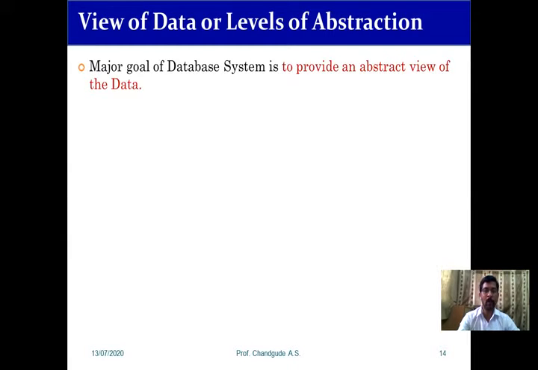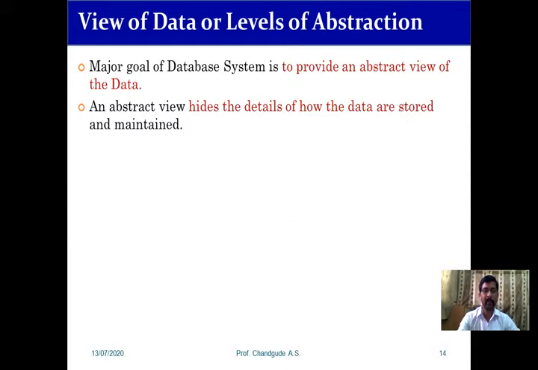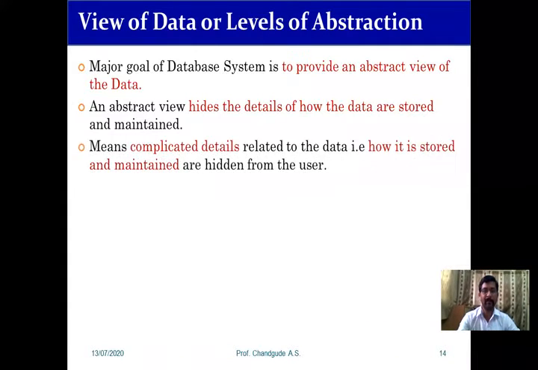The major goal of a database system is to provide an abstract view of the data, because an abstract view hides the details of how the data is stored and maintained. The complicated details related to the data are hidden from the end users.